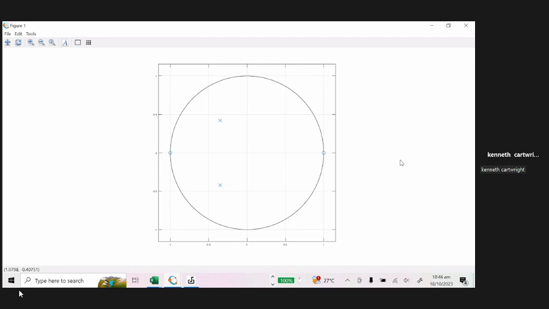What two-dimensional plane is this? This is not the S plane. It's the Z plane. In 320, it would have been the S plane.